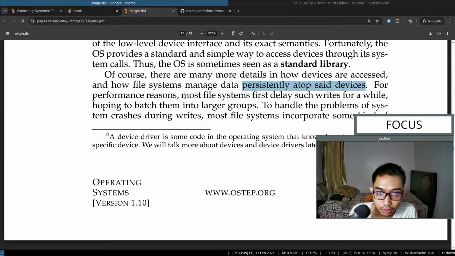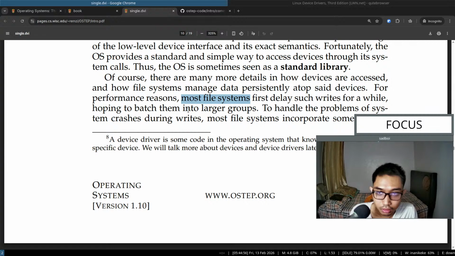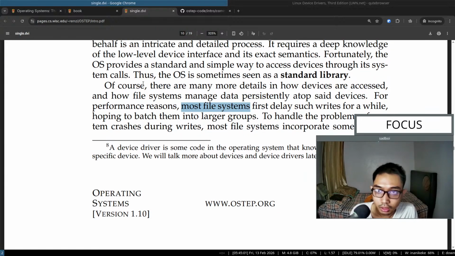Okay, wait a minute. The access, right? And then managing the data persistently.